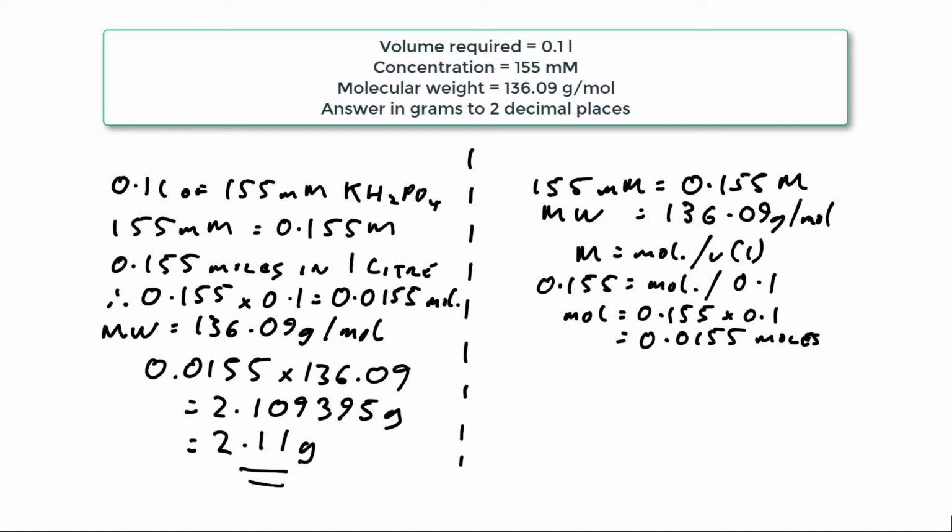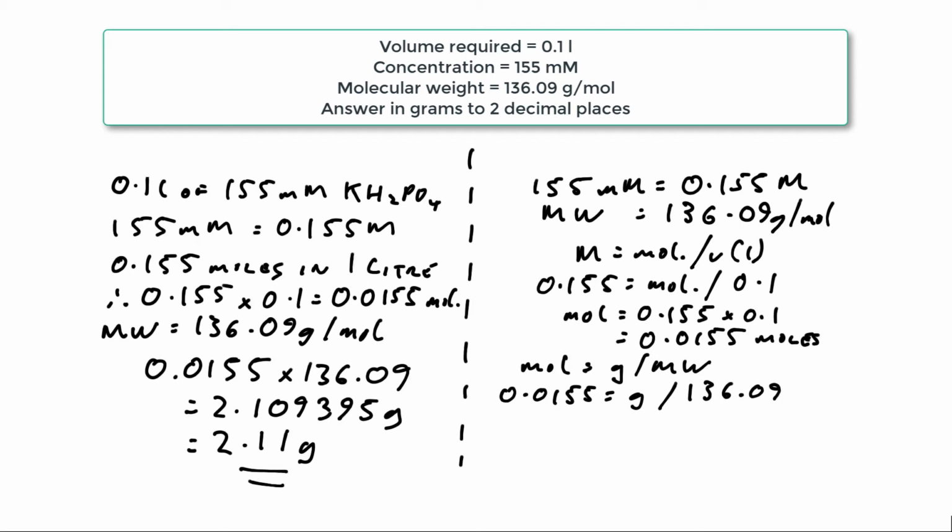0.0155 moles. Now the number of moles is equal to the number of grams divided by the molecular weight. Now we know that the number of moles is 0.0155, and this has to be equal to the number of grams, the thing we wish to find, divided by the molecular weight, which is 136.09.